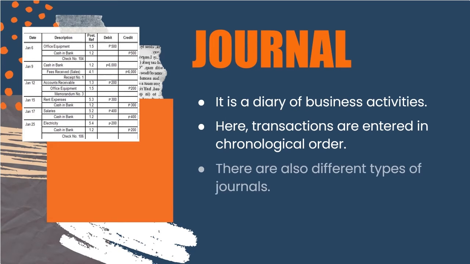And there are also different types of journals. For example, purchase journal, sales journal, cash receipts journal, cash payment or disbursement journal, purchase return journal, sales return journal, and journal proper or general journal that we will discuss later.